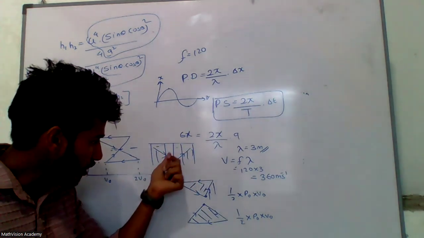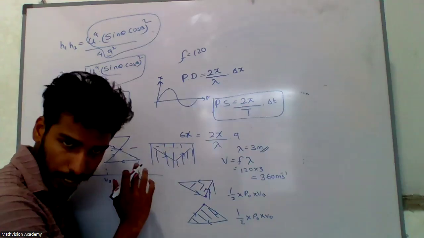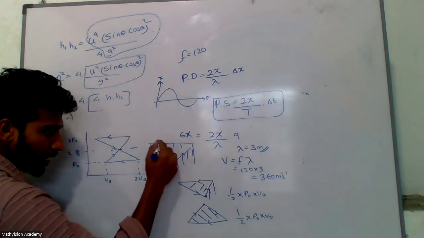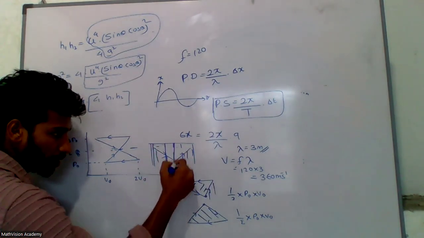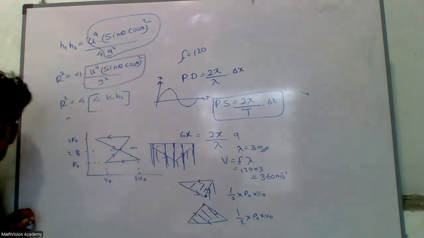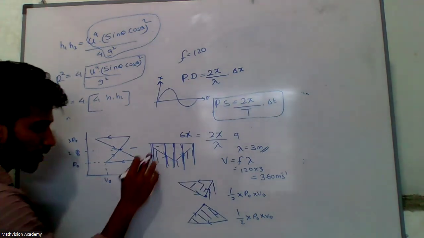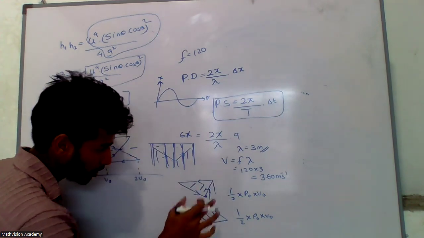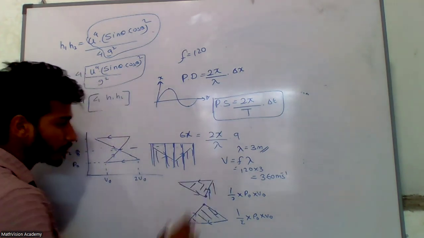That's why this difference gives you only this part. This straight line has a larger area, and this is the area by the smaller one. By expansion, by compression.